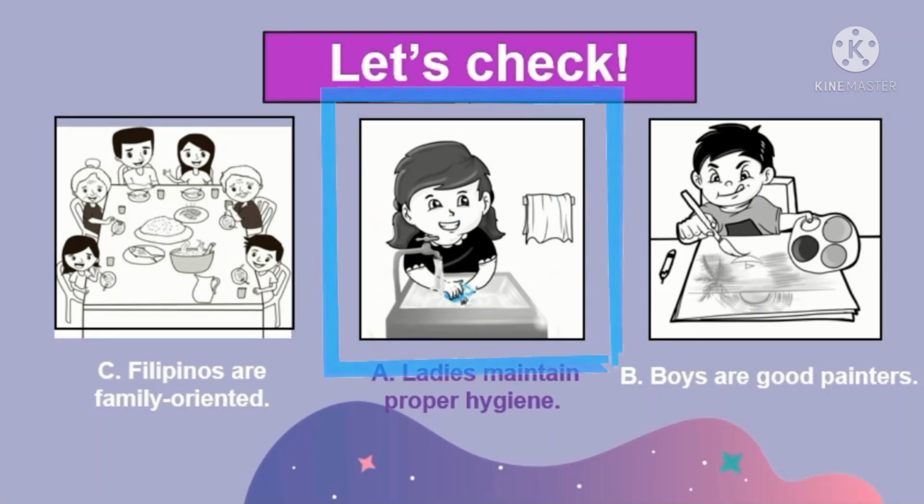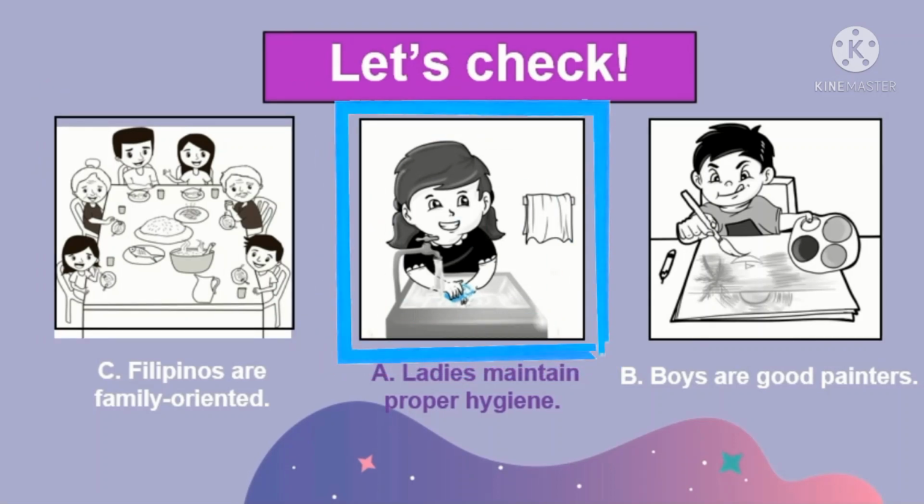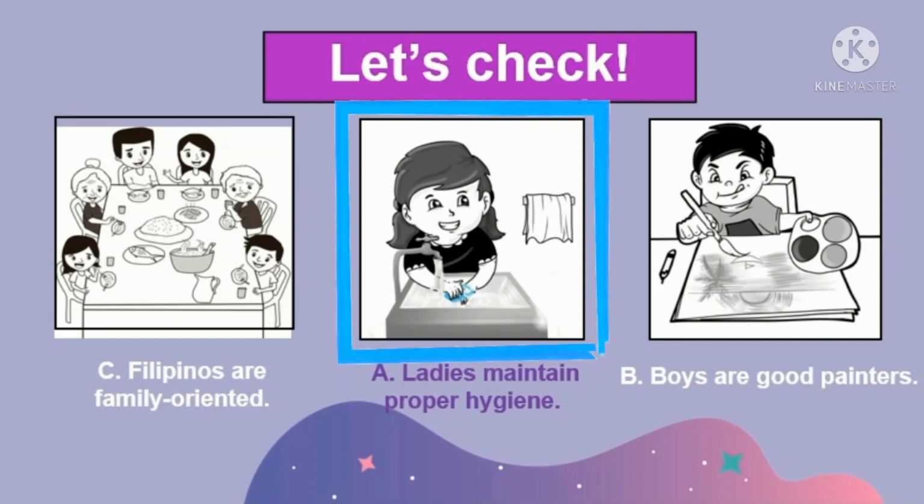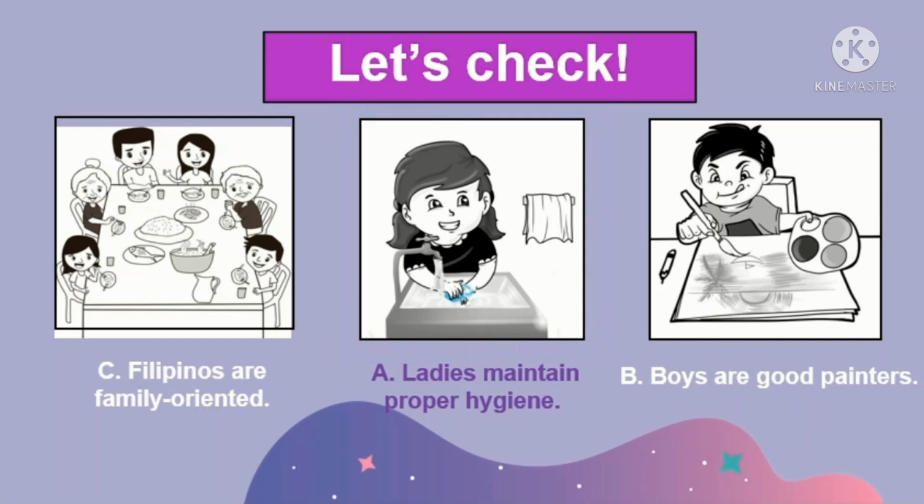In the next picture, the correct answer is letter A. Ladies maintain proper hygiene. She takes care of her body through washing her hands. And in the third picture, the correct answer is letter B. Boys are good painters. How's your score? Did you get it all correct?